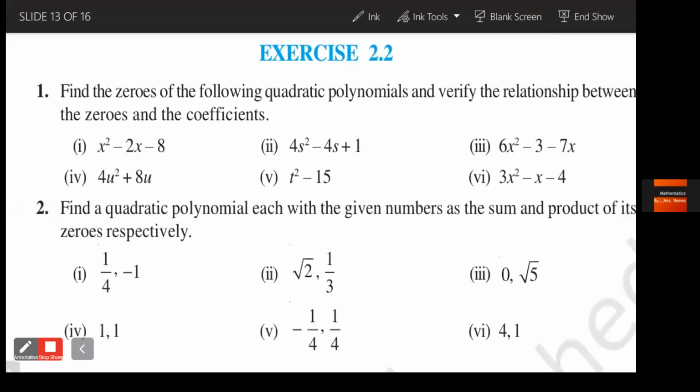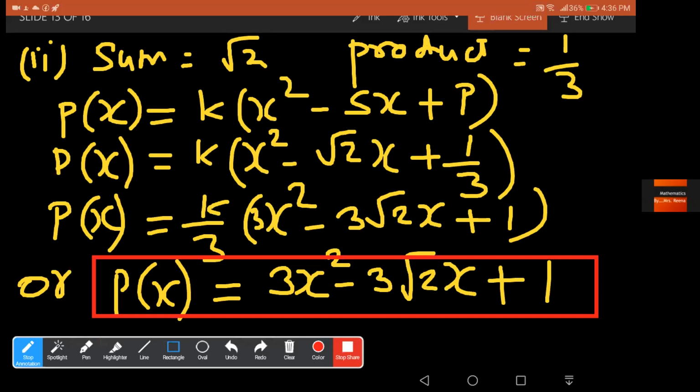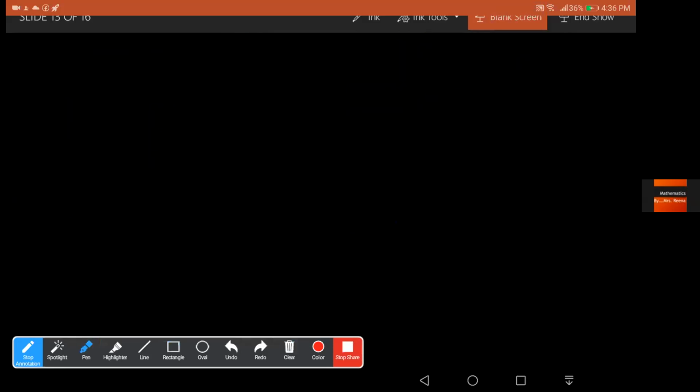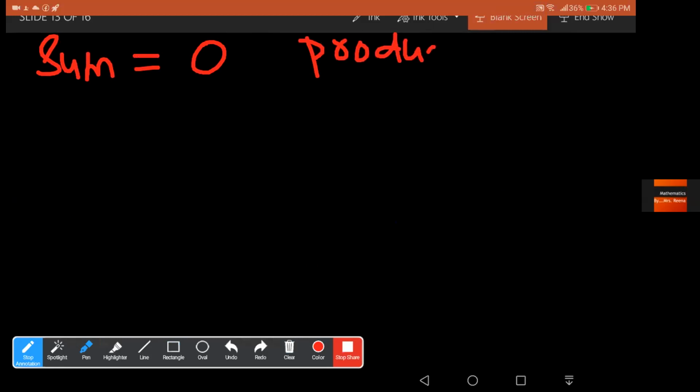Third part, 0 is the sum and √5 is the product. So we will take 0 as sum and √5 as product. Sum of zeros will be 0 and product will be √5.